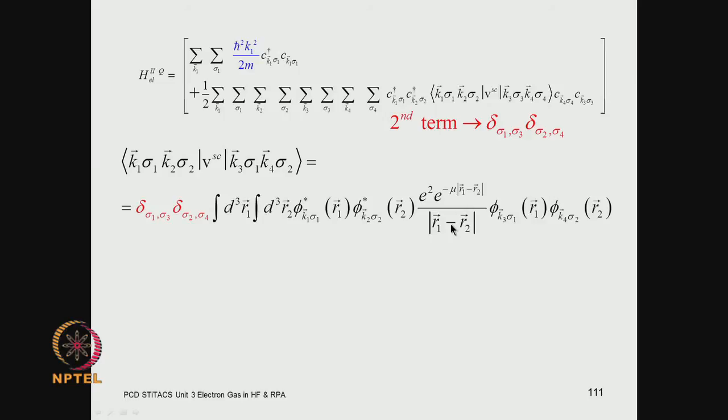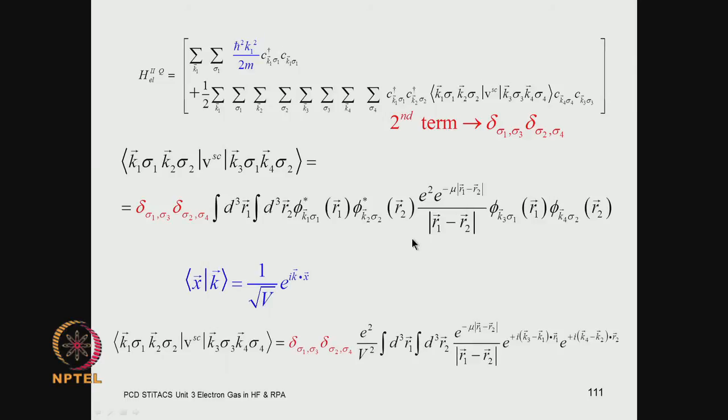You plug in the plane waves which are box normalized as 1 over root V. So, you get 1 over root V coming from 4 plane waves. This is the complex conjugate of one, this is the complex conjugate of another, and these are the third and the fourth plane waves. So, you get 1 over root V 4 times, that gives you a 1 over V square.